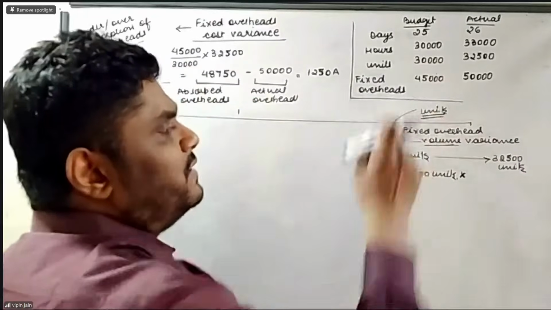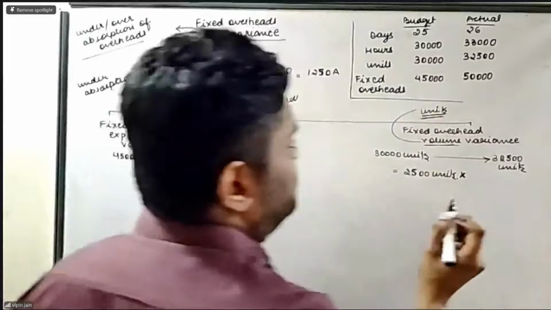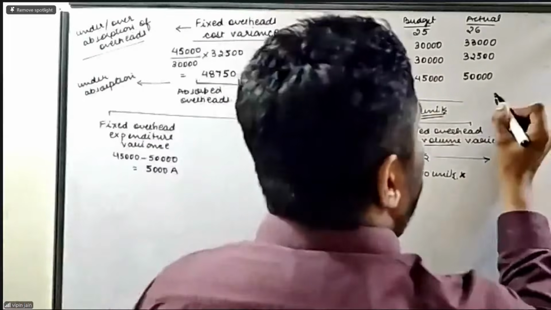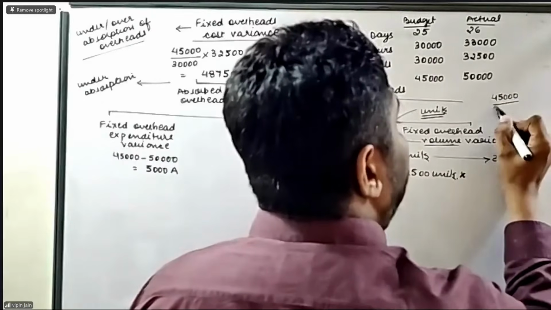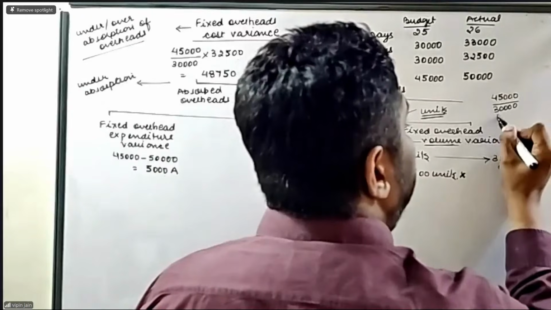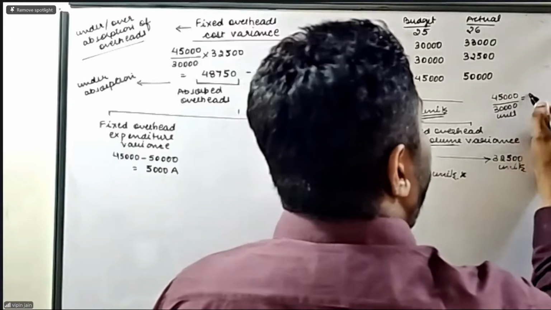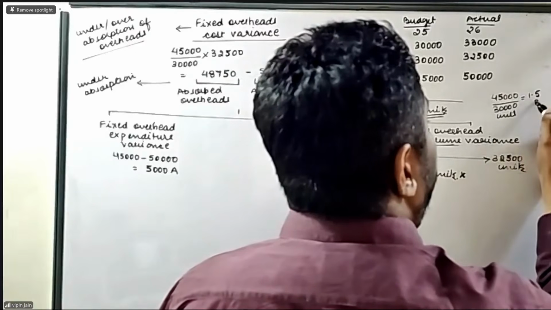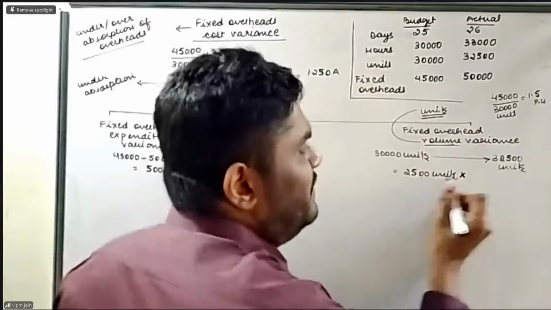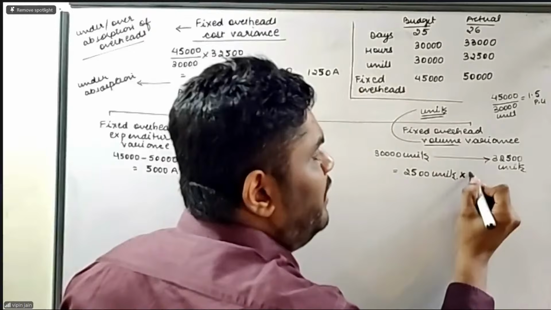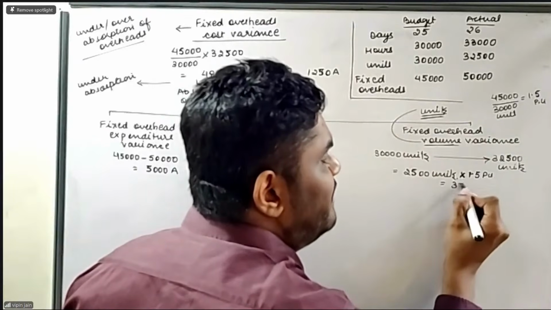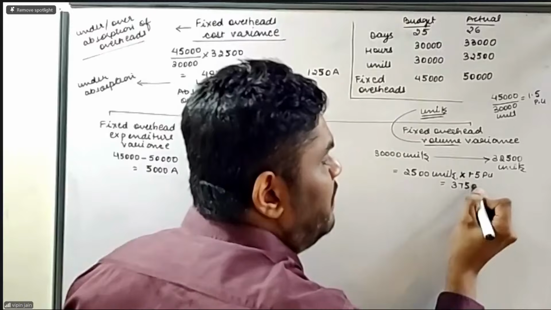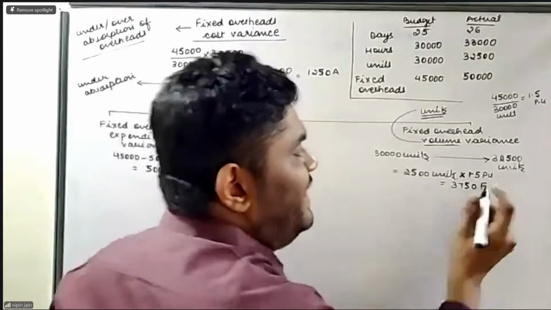That is 45,000 divided by 30,000 units, which gives the rate of 1.5 per unit. So 2,500 into 1.5 per unit will get 3,750 favorable.